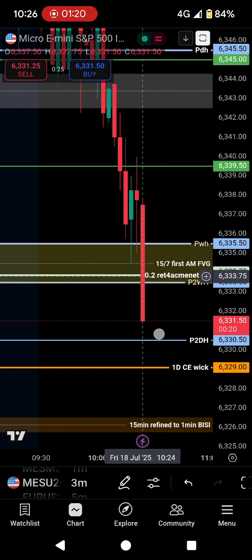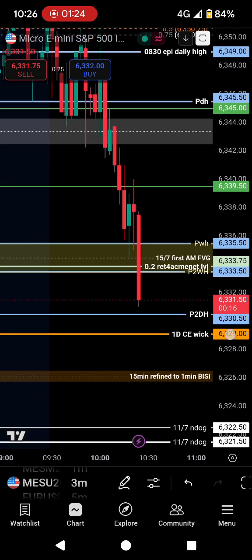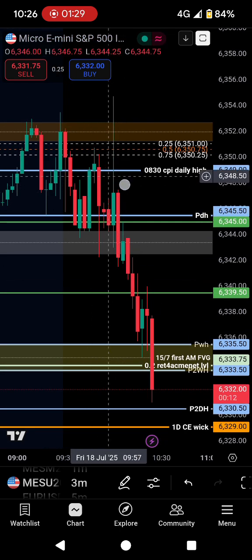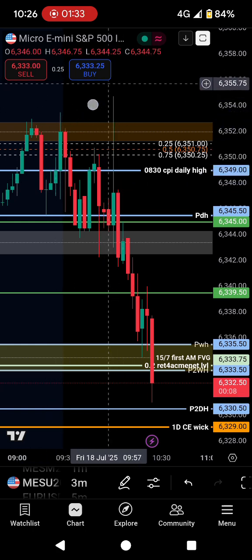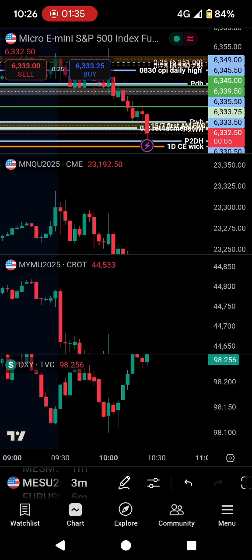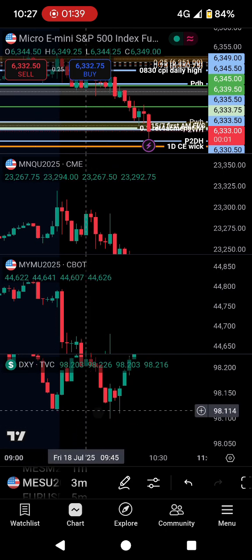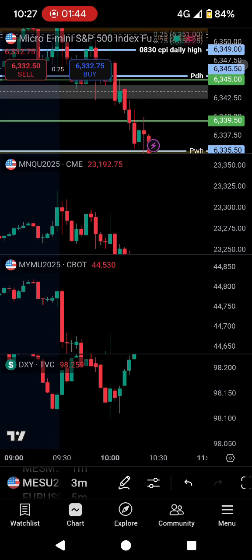6333.75, so very good. On the 3 minute we can see bodies. At 10 AM we went up, hit the buy side, and we have SMT with dollar trading below it but rejected above, so this SMT is confirmed.